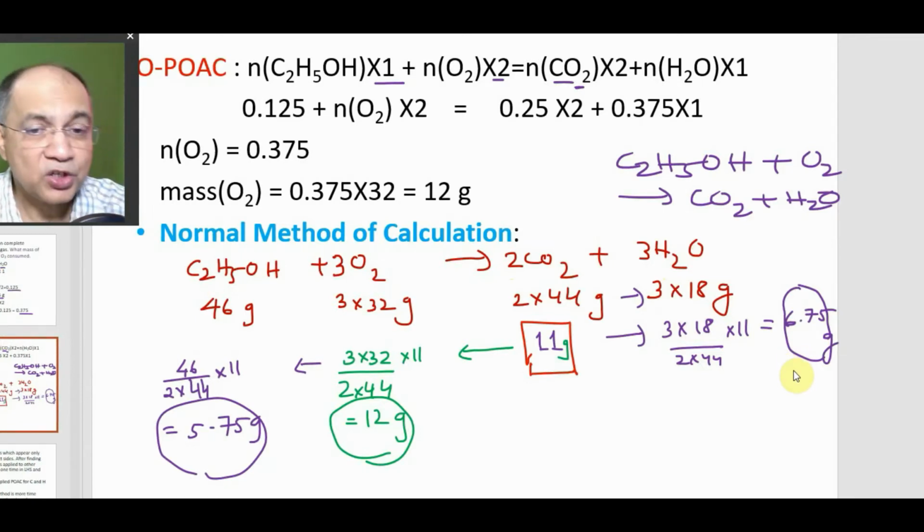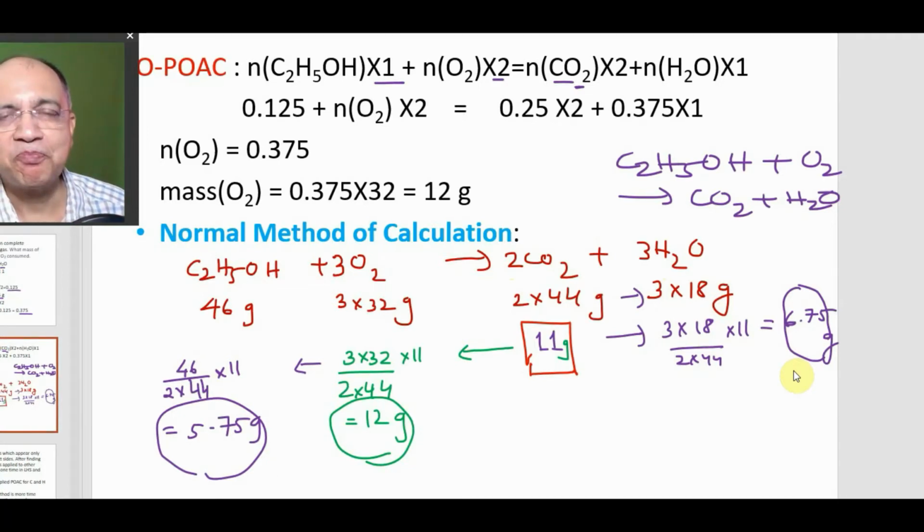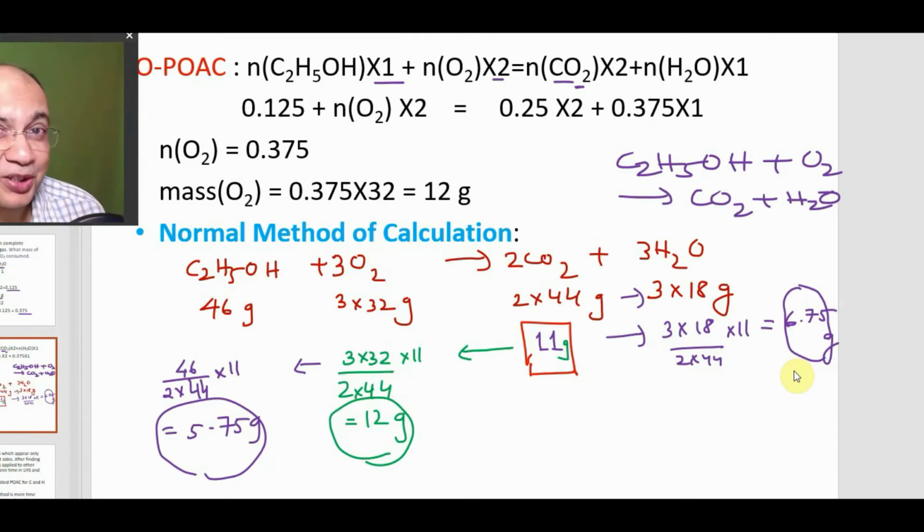So in one go, just by writing the balanced equation and writing the molar amounts, we find out what is the actual amount that will be involved in our experiment. Right? Which method did you like particularly when you are given this problem?